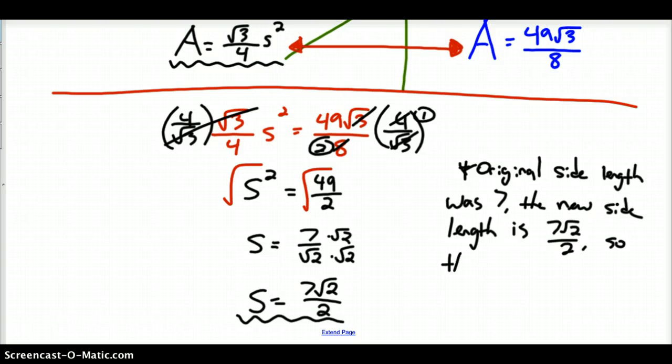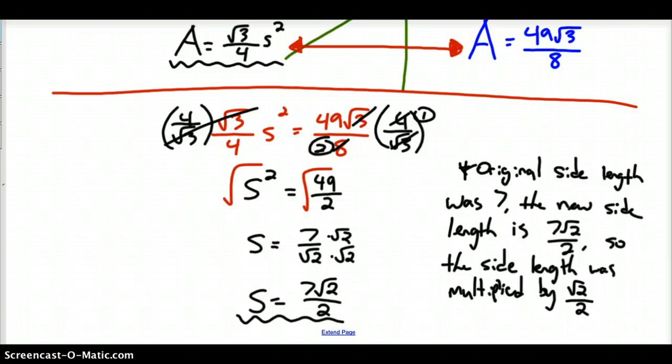So the side length was multiplied by radical 2 over 2. Okay, and so from there, we are now just done with the problem. Basically, if the area was cut in half, the side length is going to be multiplied by radical 2 over 2.